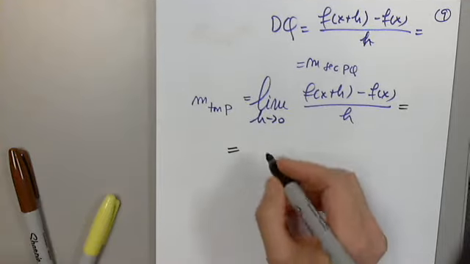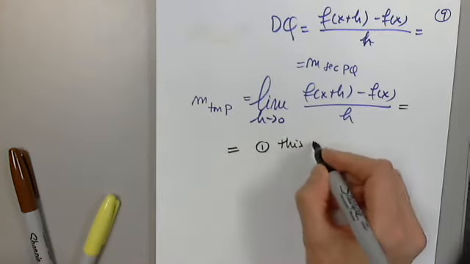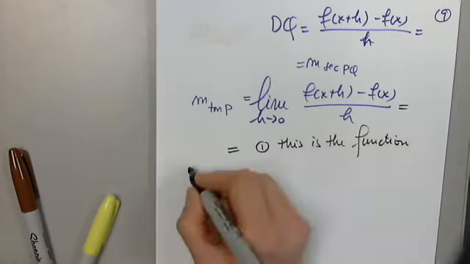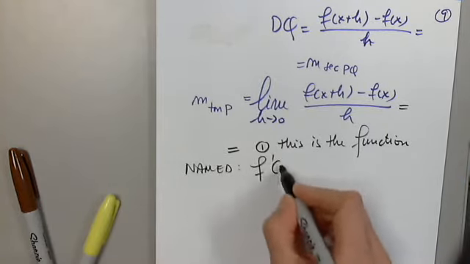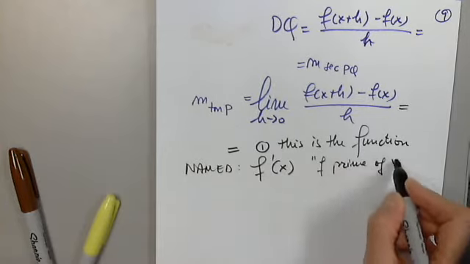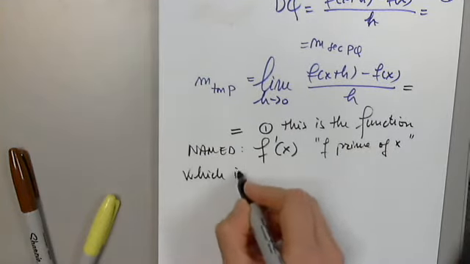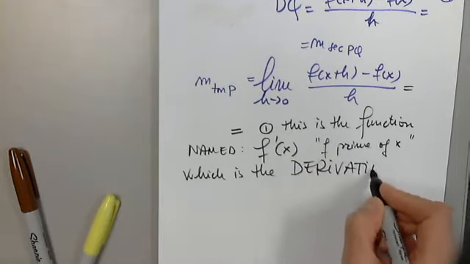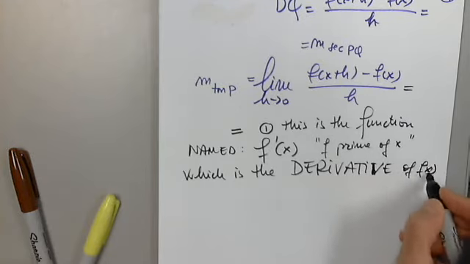Here they are. Number one, this is the function named f prime of x, which is the derivative of f of x.